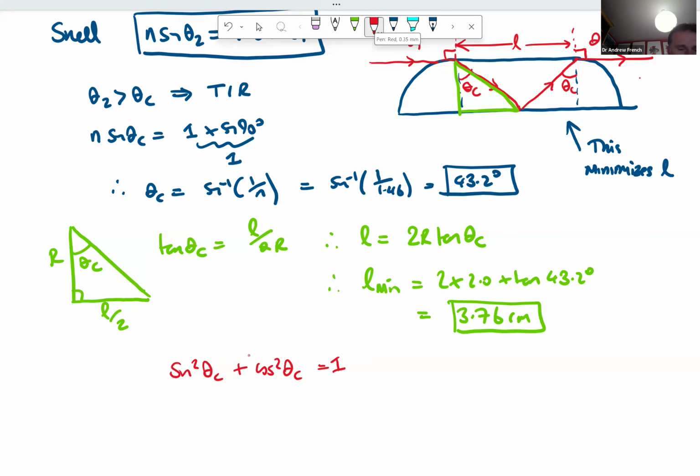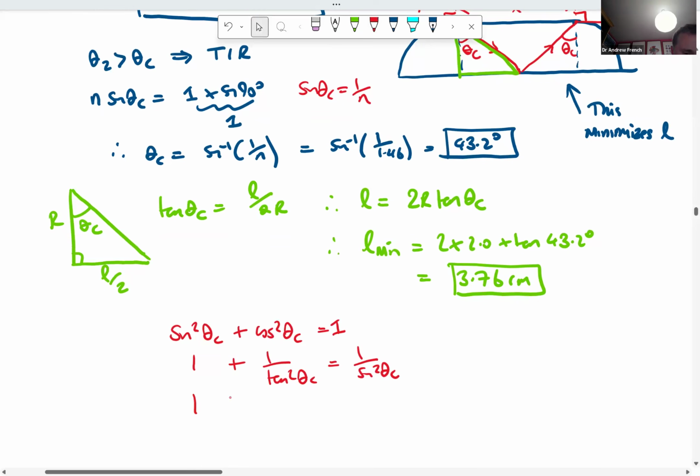If I divide everything by sine, because we've got n sine theta c, or sine theta c is 1 over n, we've got 1 plus 1 over tan squared, because sine theta over cos theta is tan theta, and that's 1 over sine squared theta c.